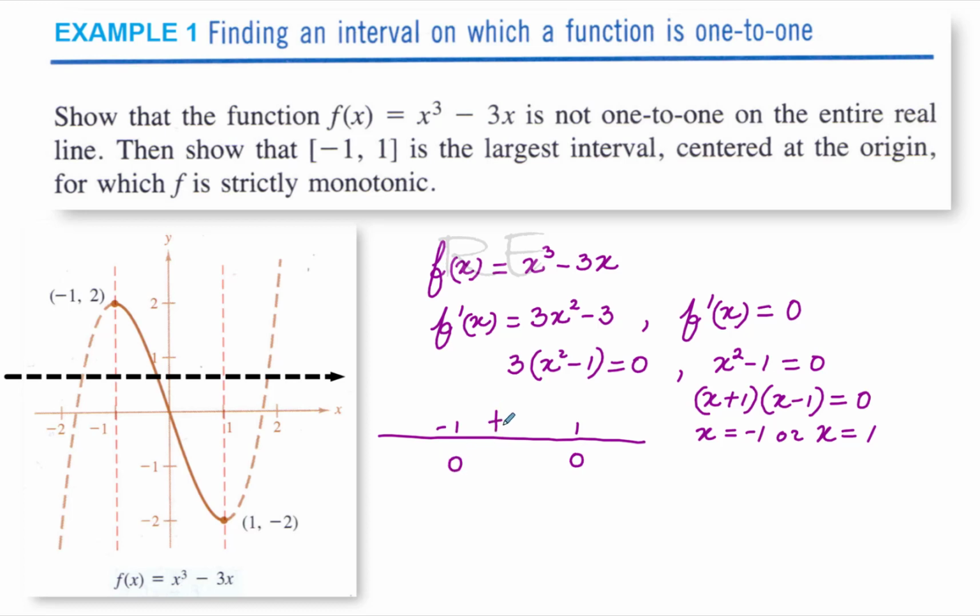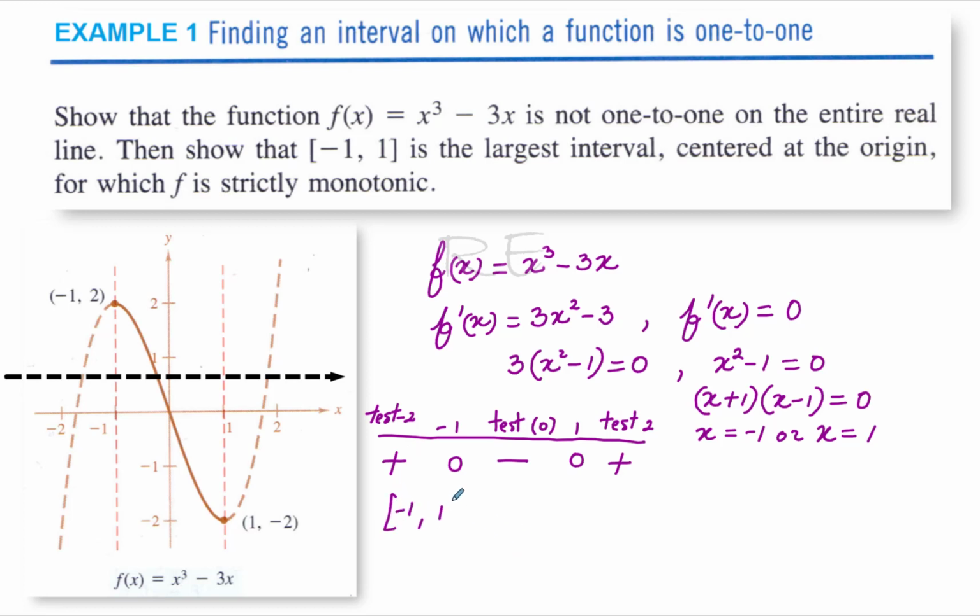When we test for 0, when x is equal to 0, the derivative is negative: x squared minus 1, 0 minus 1, will be -1. And when x is equal to 2 or -2, the derivative is positive.